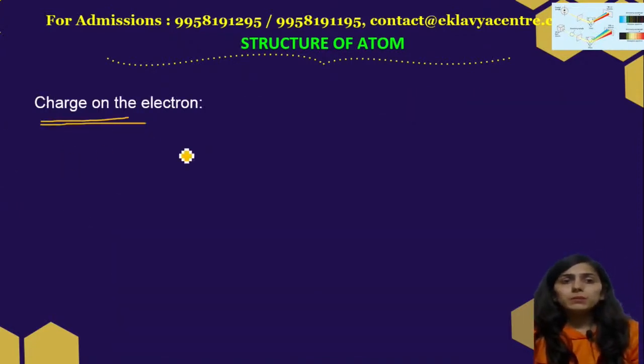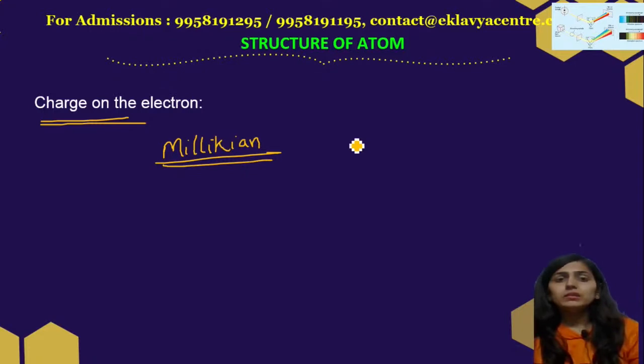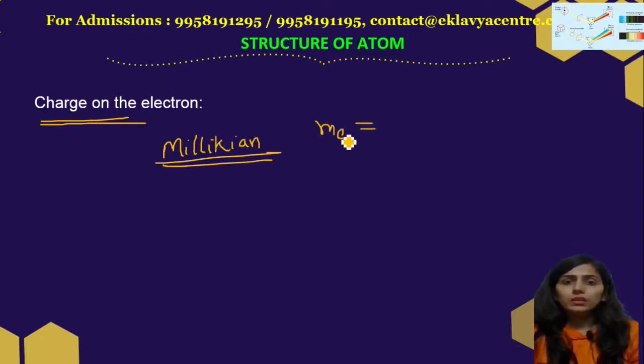Next, charge on the electron. This experiment was done by Millikan. He did an oil drop experiment, which you will study in detail in class 12th physics, so you don't have to go into the depth. So what did he do? He tried to find out the mass of the electron.